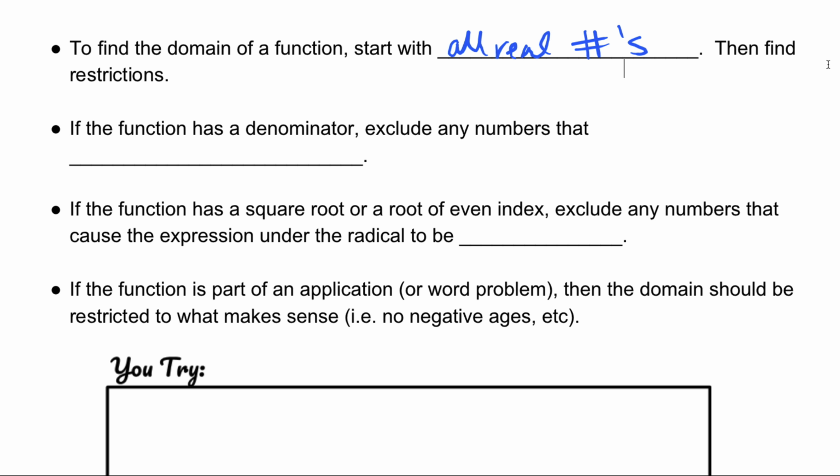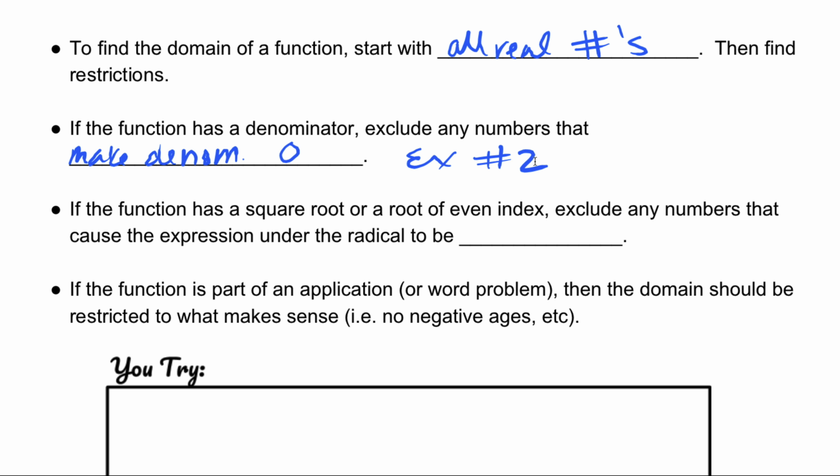One restriction might happen if the function has a denominator. So you want to exclude any numbers that make the denominator 0. Okay, and we had an example above of g of x when it was x over x plus 1. So look at example number 2.